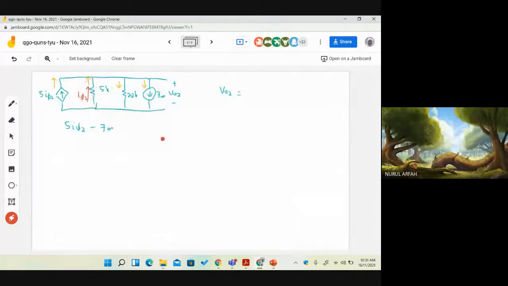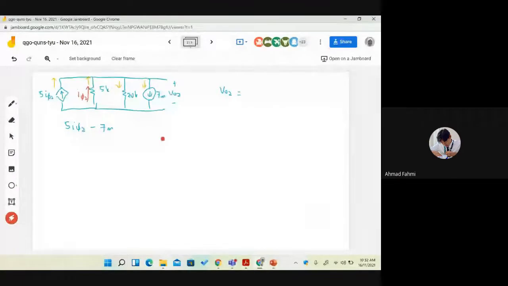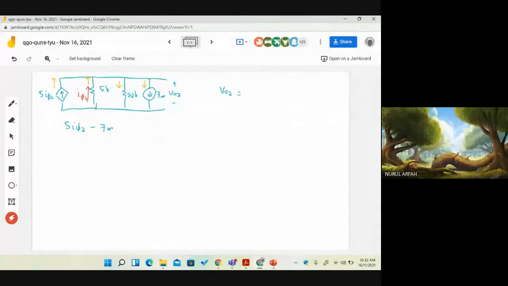So in our problem here, you cannot combine. Do you get me? Faham? Okay, alright. But the current here and current here, yes, you can combine. No problem. Sebab dia current source.